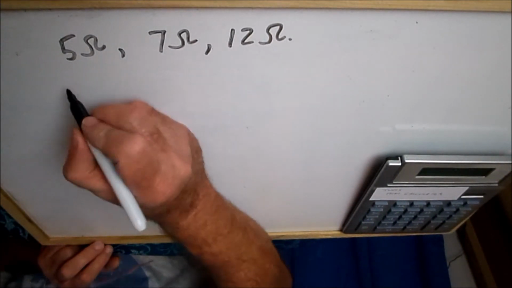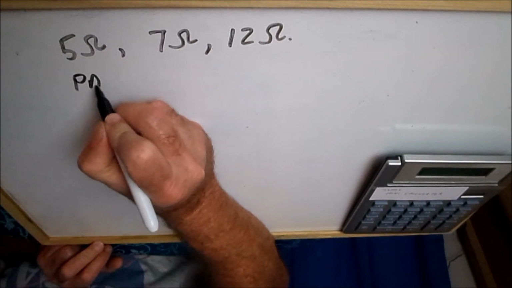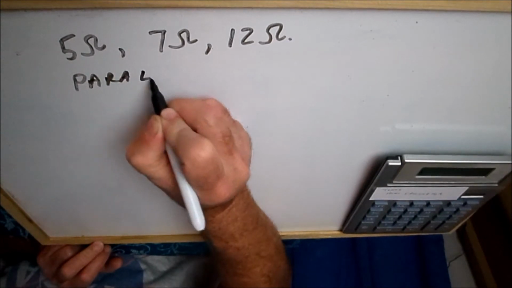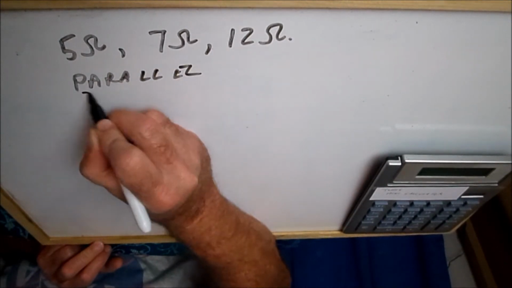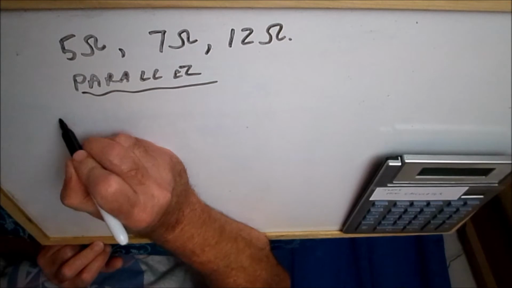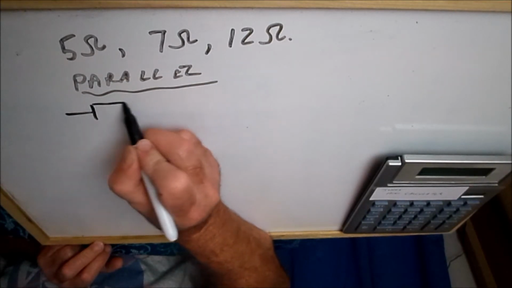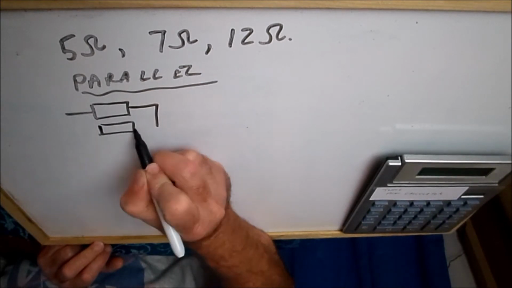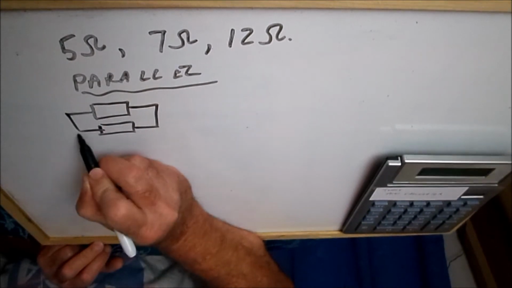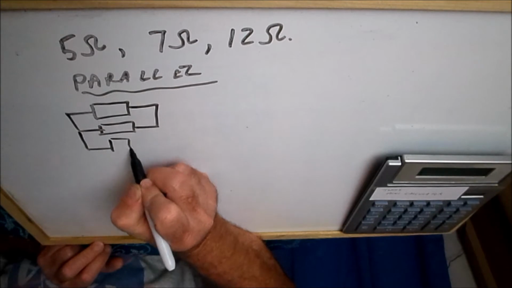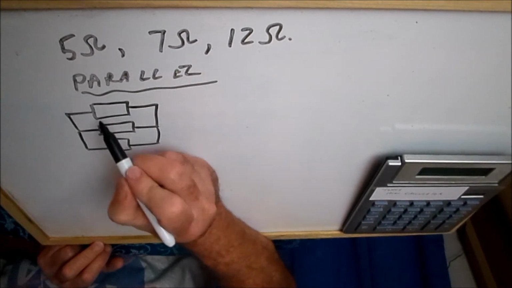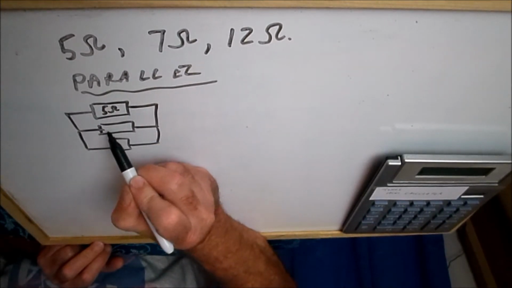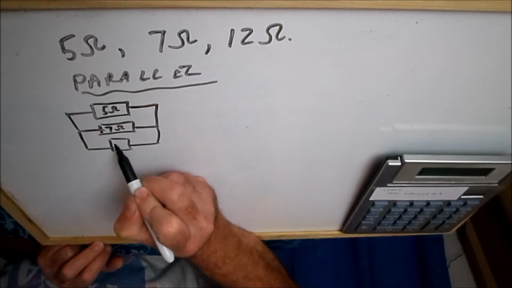And the second way we're going to do it, if we connect these in parallel, we're going to say that our resistors now are going to go like this. And we can say 5 ohm, 7 ohm, 12 ohm.